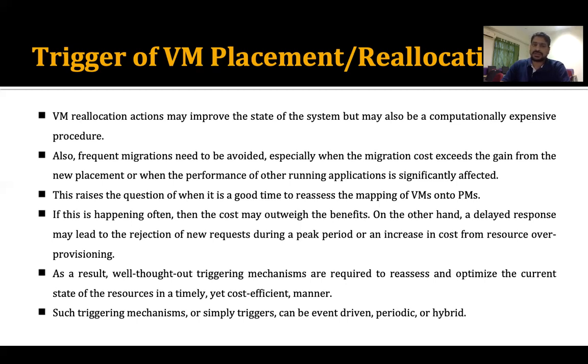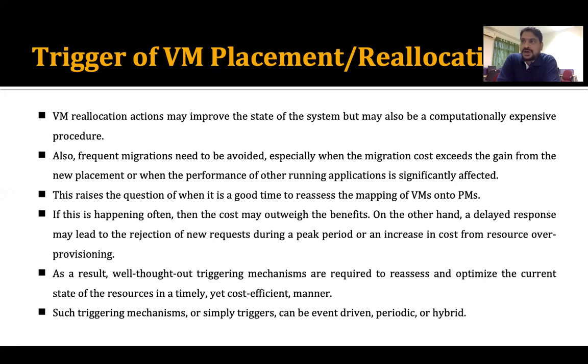So here also it says that the reallocation action may improve the performance of the system of the host or the application which is loaded there, but it is an expensive procedure. Also, frequent migration needs to be avoided. Let's say my requirement is 2 or 3, but I am shifting to another house by fulfilling only one requirement.